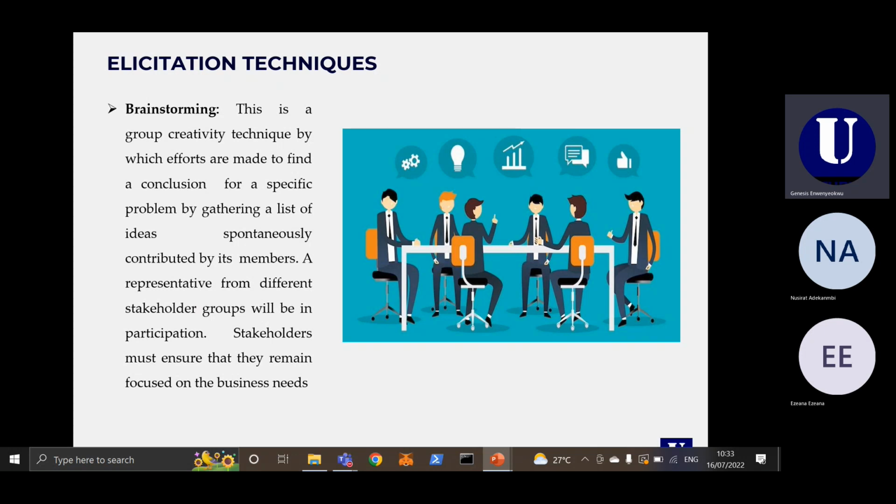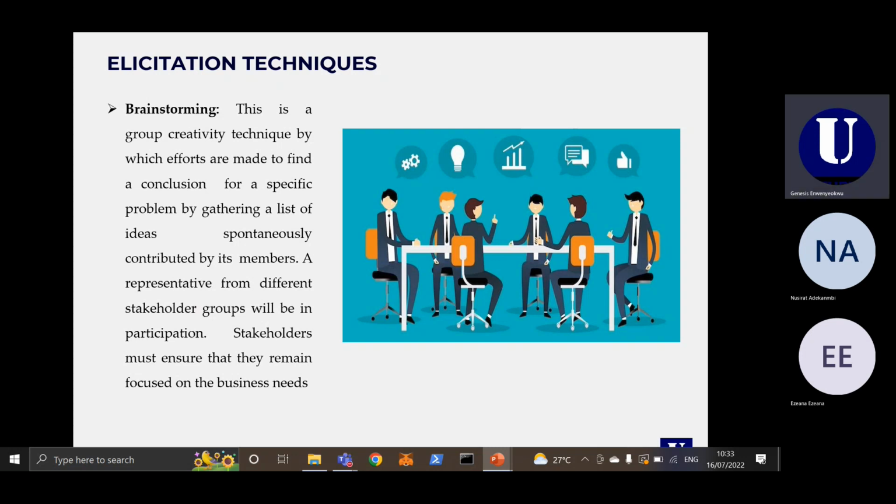So brainstorming basically is a group creativity technique which allows participants to freely explore various dimensions of how to solve a particular problem within that project. So you are gathering a list of ideas spontaneously that is contributed by the participants.